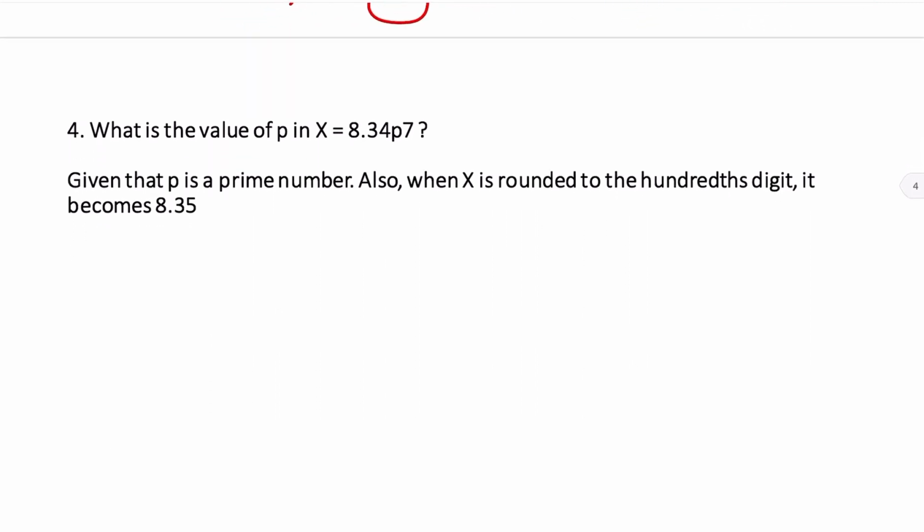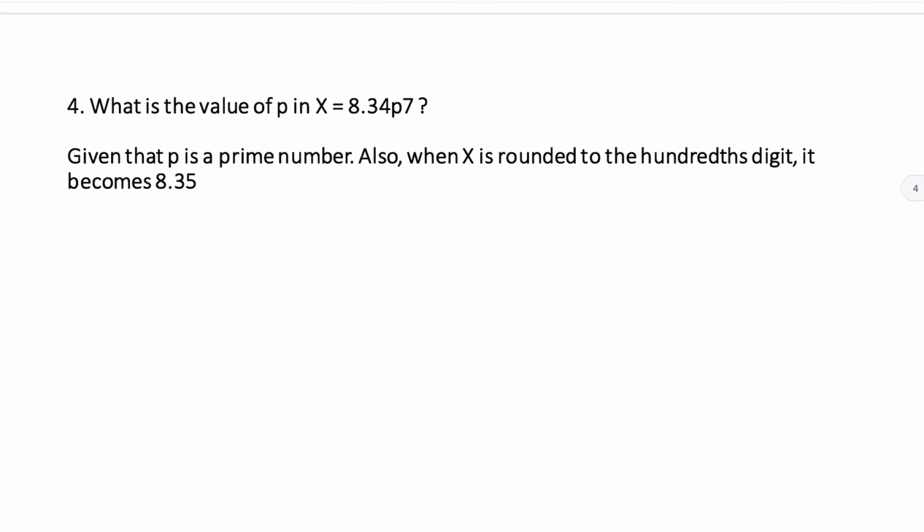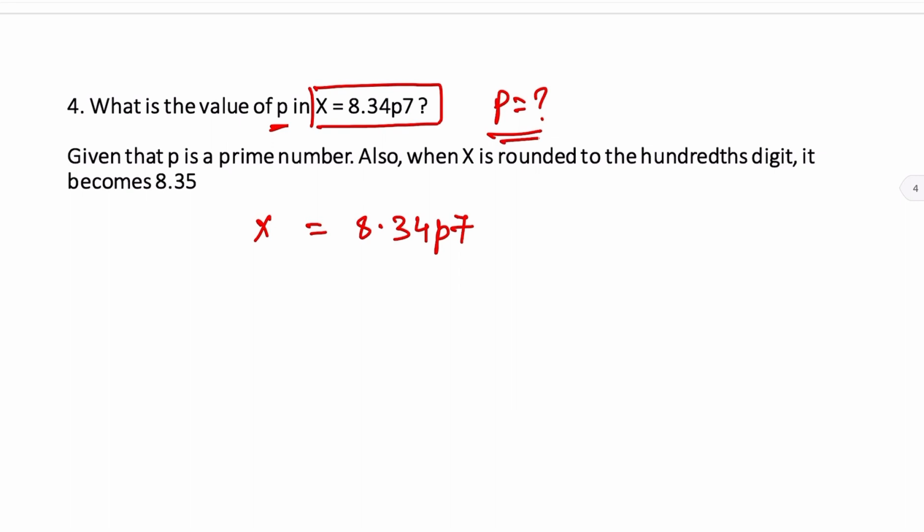Now see here, we will again apply a new concept. What is the value of p in x equals 8.34p7? Okay, we will write this. X is 8.34p7. So we need to find the value of p basically.